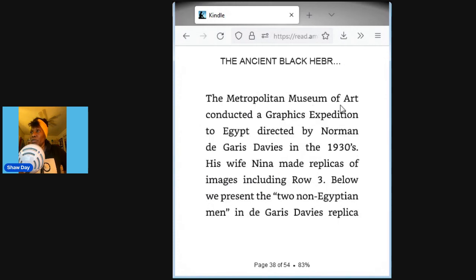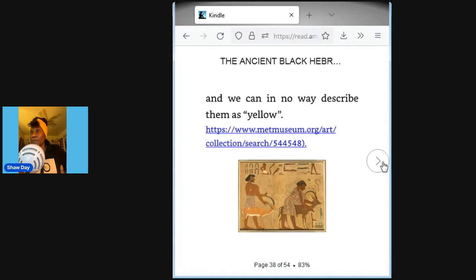The Metropolitan Museum of Art conducted a graphic expedition to Egypt, directed by Norman de Garis Davies in the 1930s. His wife, Nina, made replicas of images, including Row 3. The first picture I showed you of the ancient Israelites was painted yellow. It says, below we represent the two non-Egyptian men in Nina Davies' replica. So here's her painting. This is what she painted compared to what Lepsius painted in the first picture, having them look yellow and having the Egyptian look much lighter too.